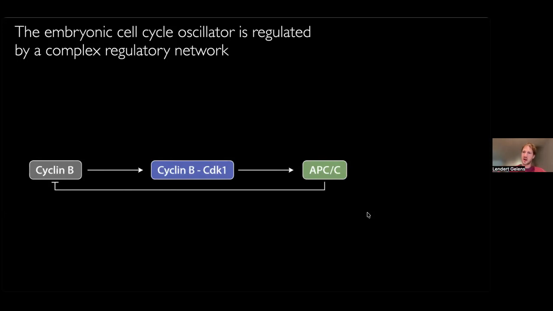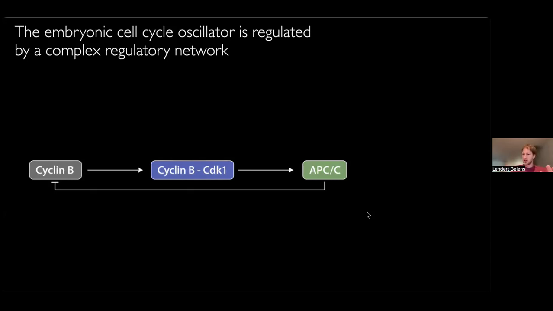You've got mRNA of cyclin B in the frog egg. It's getting translated, and you're making cyclin protein. That protein binds to CDK1. You get this protein complex, and when it's in its active state, it will activate the anaphase promoting complex APC, which leads to the degradation of cyclin B via the proteasome. So that's a very basic core negative feedback loop.